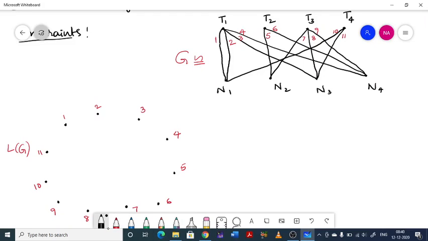Now you have to draw edges. Now come to 1. Here you have to recall this one: degree of an edge E, where E is an edge between U and V, will be equal to degree of U plus degree of V minus 2. Now edge 1, you have to look into edge 1 here, that is incident to 2, 3, 4.